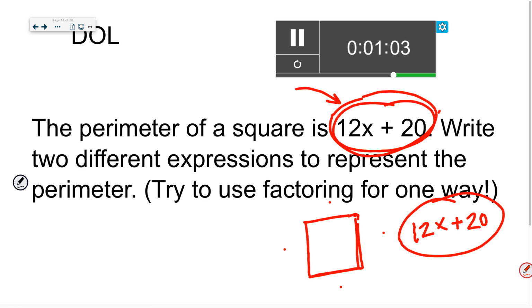So show me the operations to still get the perimeter. Like you found the side length, which is one way you could do it. Show me how you would give me the expression. So if I add up all those 20s, is that going to give me 12x plus 20?